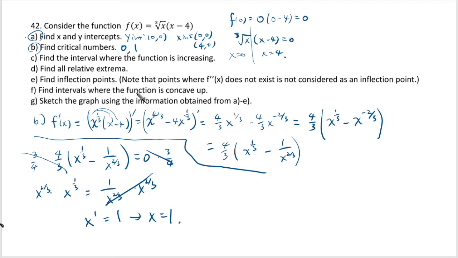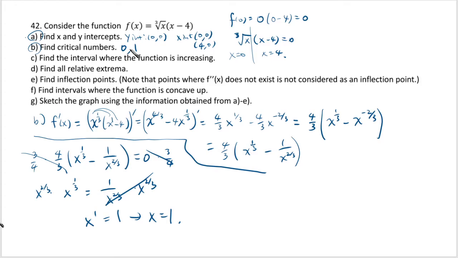That's not possible because for 0, f prime of 0 doesn't exist, so f double prime of 0 also does not exist. So this is a case where the second derivative test is impossible. You have to use the first derivative test, and you have this question anyways, so in order to solve C we will need to pick test points.